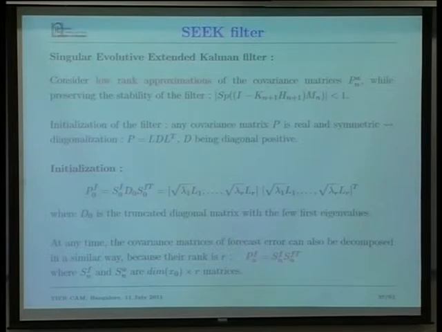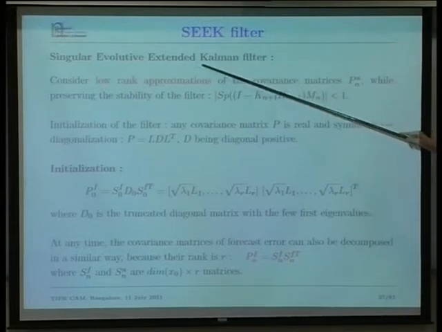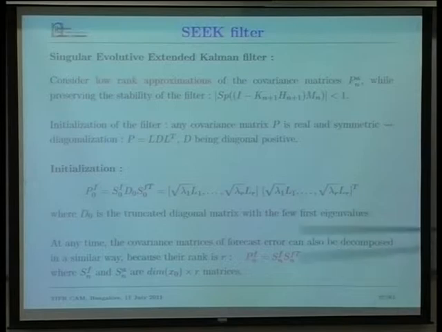So the idea is that if you use the full Kalman filter, it's very expensive to do it once, so you will not do it twice or more times. So the idea is to use a faster filter. So for instance, we use the SEIK filter, which is a Kalman filter. It's extended because it works with nonlinear models.